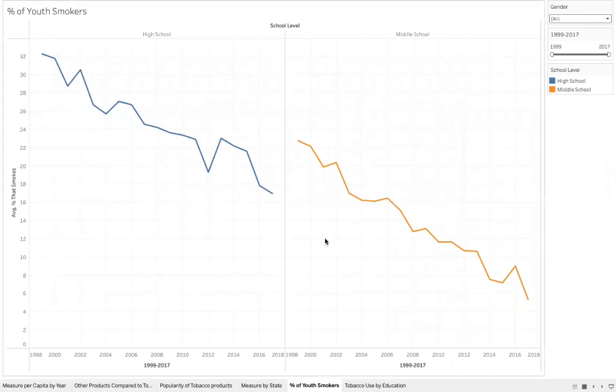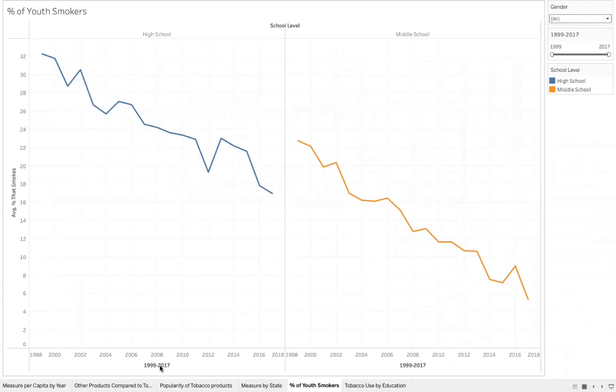So in our graph here, the way we have demonstrated the percentage of youth that are smoking over the past years, we have used the average percentage of youth that smokes, splitting them into 2 different school levels, which are middle school and high school, throughout 1999 to 2017.